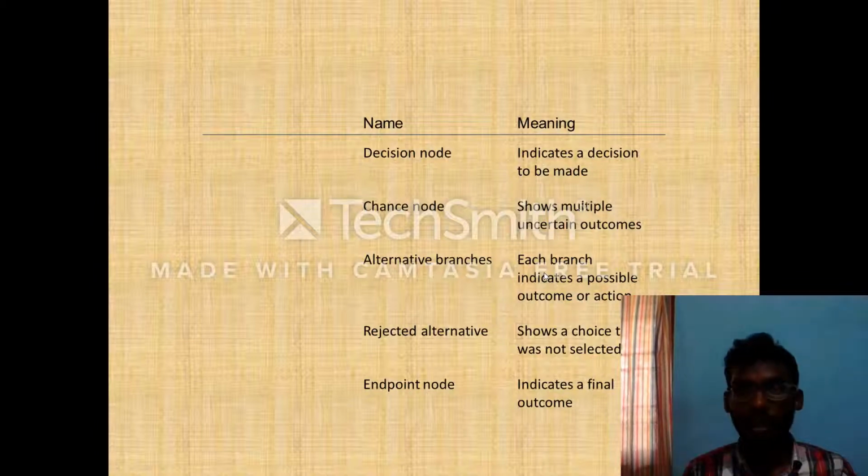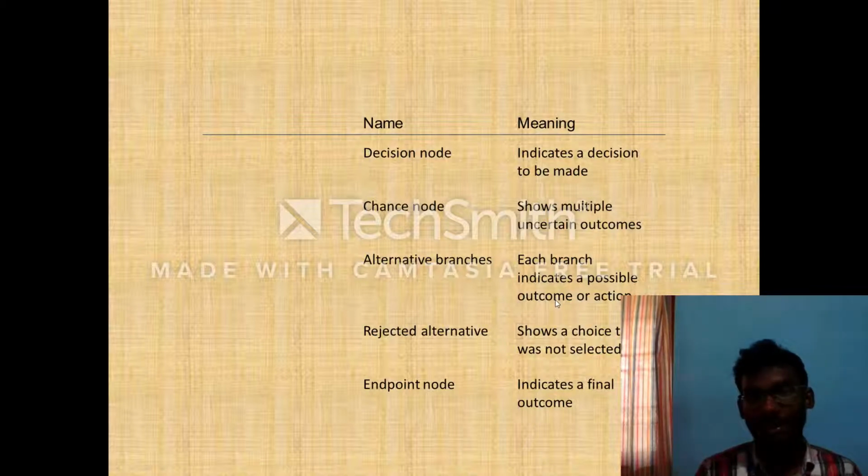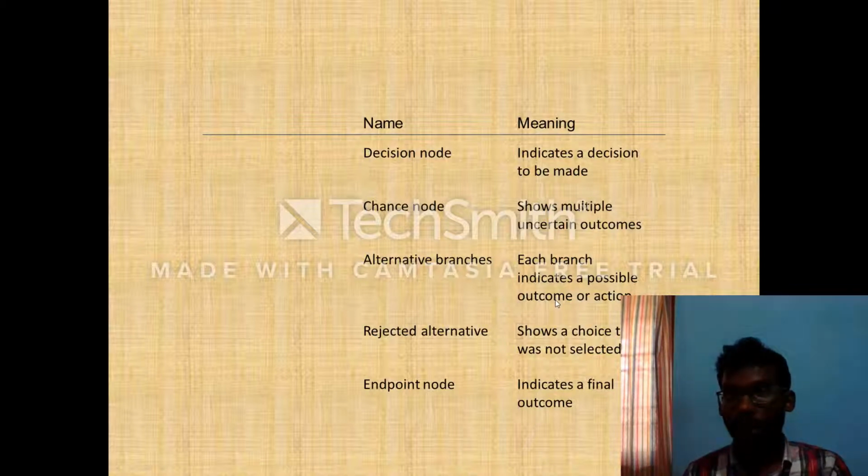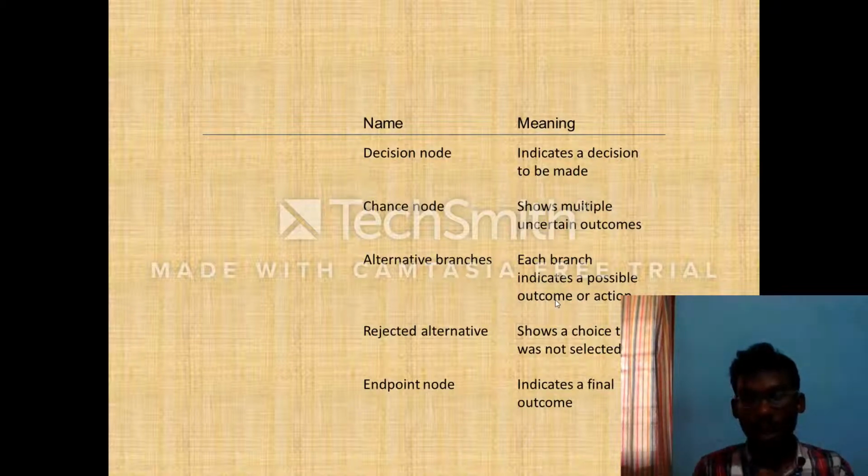A rejected alternative is a choice that is not selected because it doesn't meet the requirement. Finally, the end node indicates a final outcome of the result which can be gained by an individual or an organization.